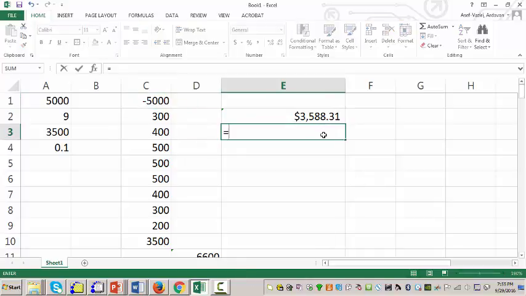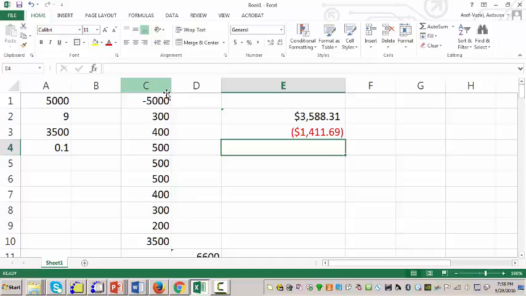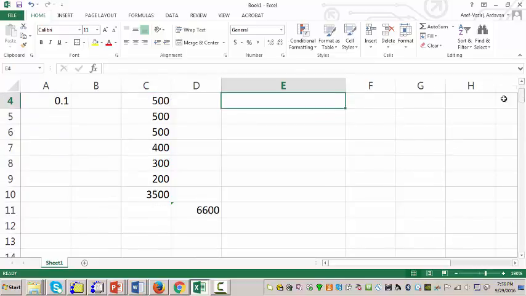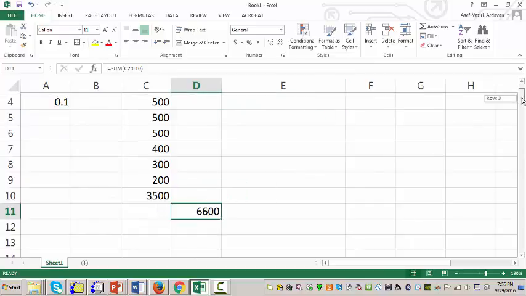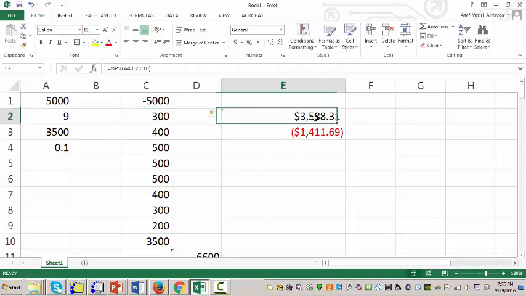If I add this positive value to this negative value, the net present value is negative. That means we have not made money in this business, right? 6,600 is much more than 5,000. Not much, but it's more than that. But its present value is less than that.